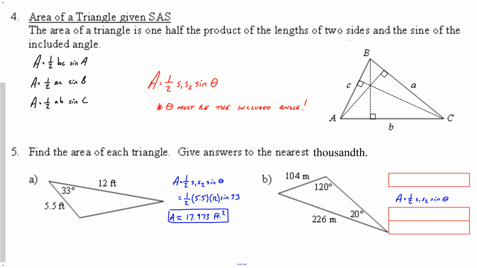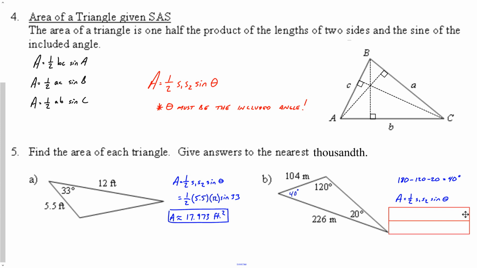So we have to do a little bit of work to find that included angle. We have to take 180, which we know is the total for a triangle's angle measures, subtract the 2 angles that we know, and we would find that we have a 40-degree angle as the included angle between the 104 meter and the 226 meter sides.